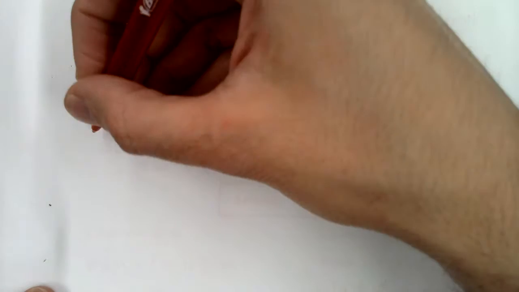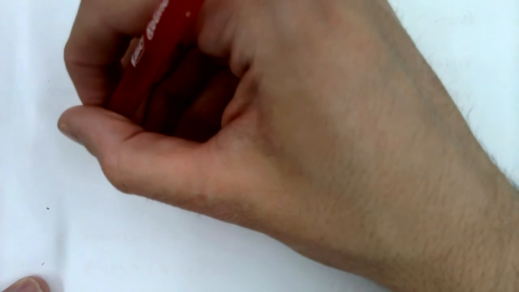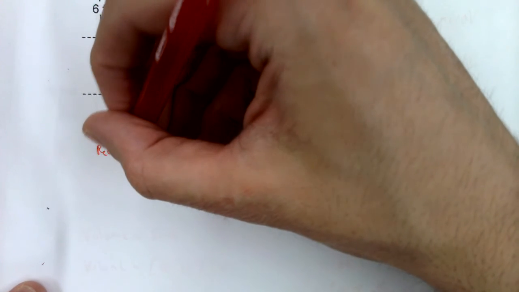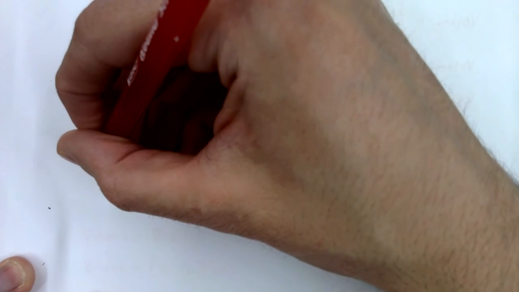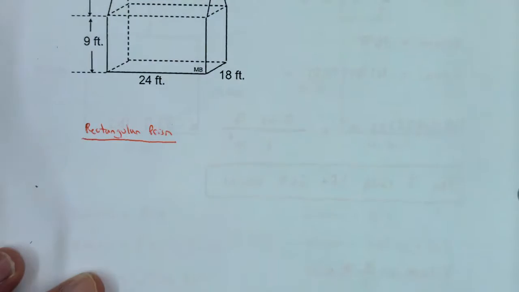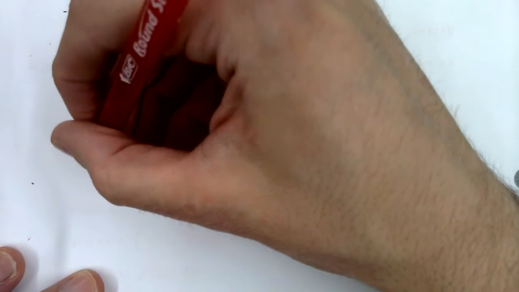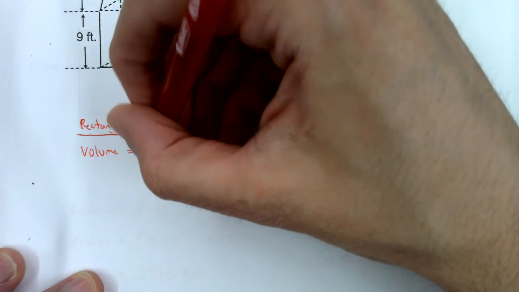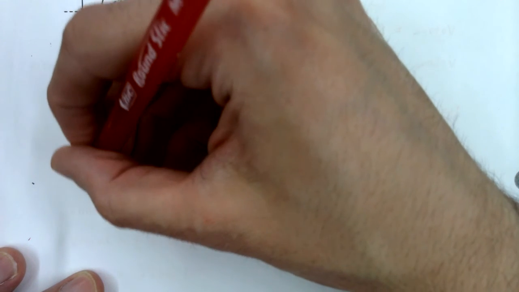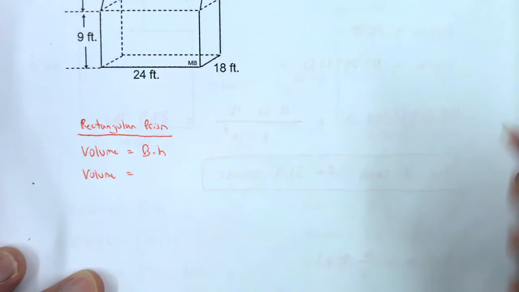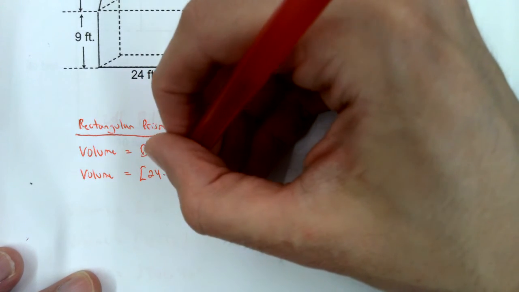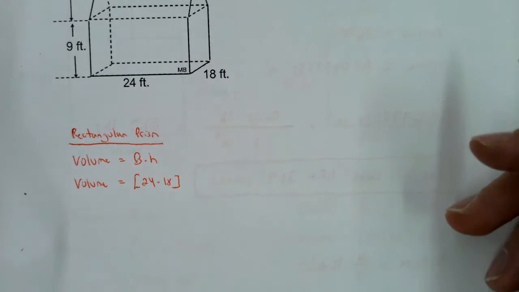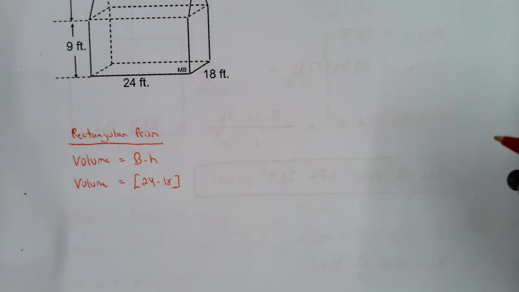Okay, so rectangular prism, I'll write down. Volume equals base times height. The base is a rectangle, so 24 by 18. And then times the height of 9.